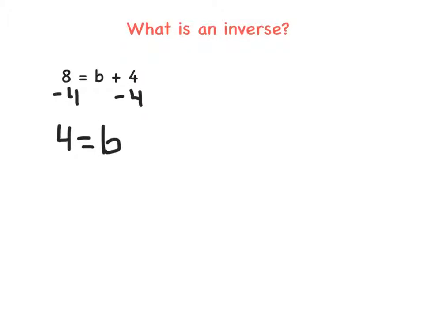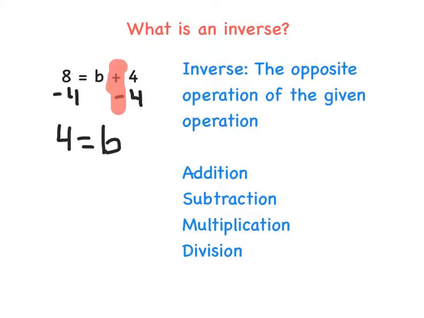So if I'm thinking about what is the inverse for addition, you can see that I changed addition to subtraction. So the word inverse means the opposite operation. So the inverse is the opposite operation of a given operation. So if we're looking at addition, the opposite or the inverse would have to be subtraction.